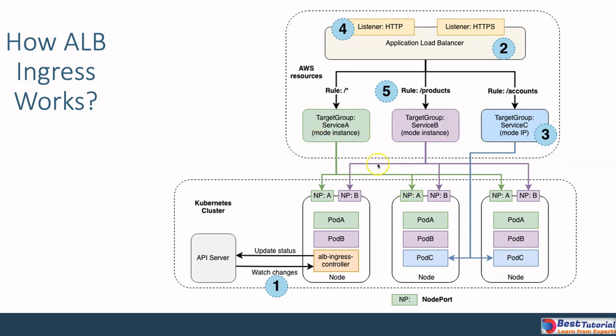Finally, rules. As we said, the application load balancer supports context path based routing, which is nothing but /star, /product, /accounts. So /star should go to one target group, /product should go to one target group, and /account should go to one target group.